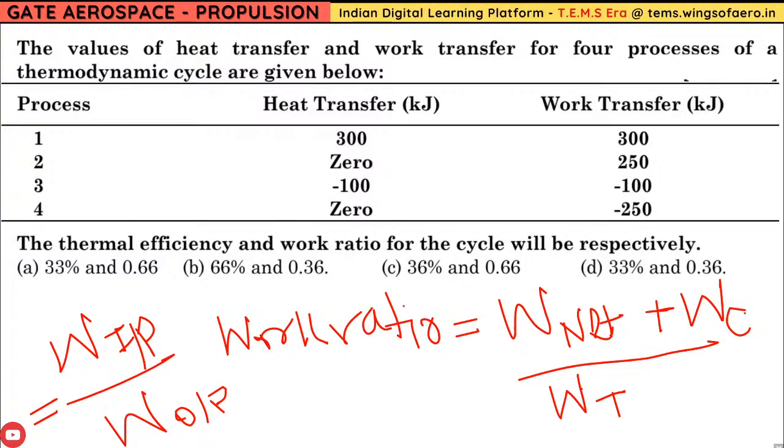Ma'am, what is that, ma'am? W net plus WC. Yes, input. WC means here, ma'am, the compressor work. Just give me a moment. I think the formula I have noted is wrong.